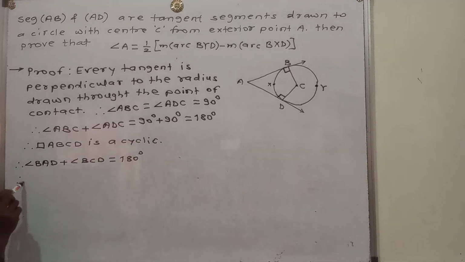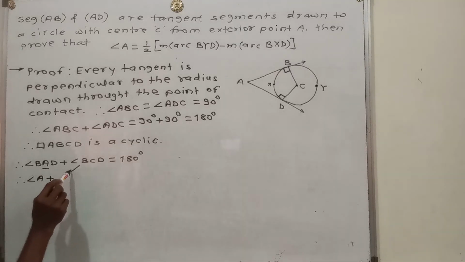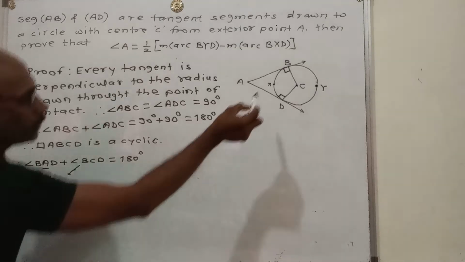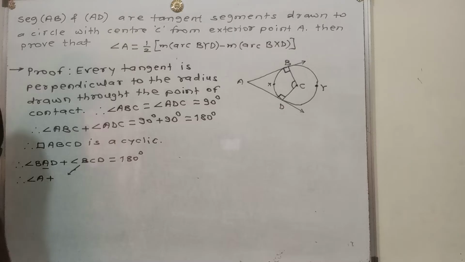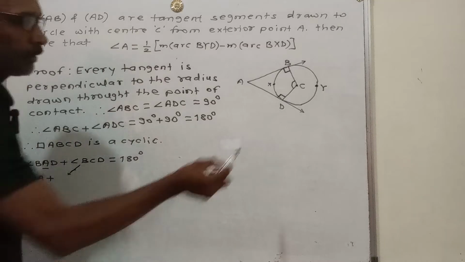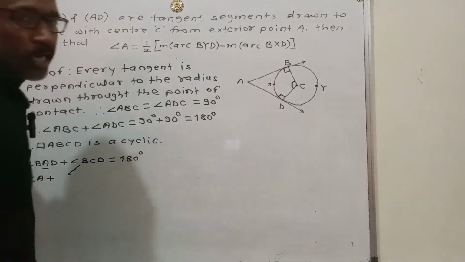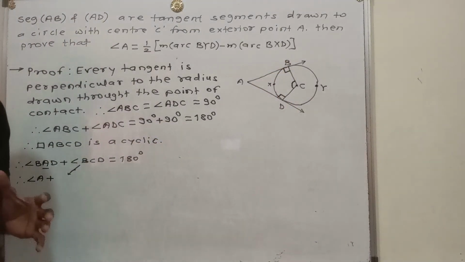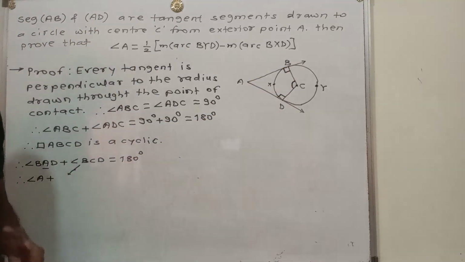Did you get it? Now I will write angle A plus, instead of BCD, which is the central angle. Angle BCD is the central angle. The measure of a central angle and its corresponding arc are equal.